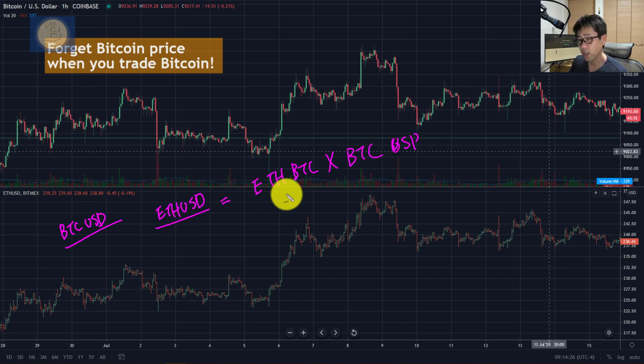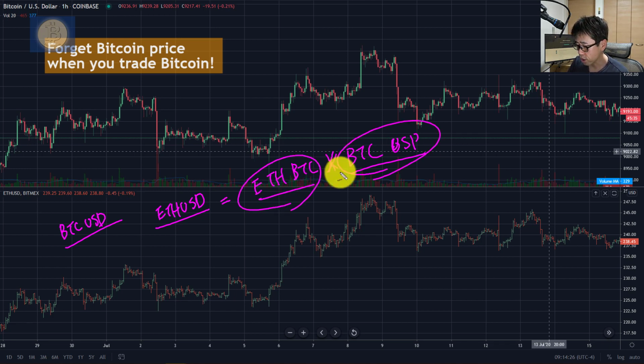So when you're trading EtherUSD, you're actually trading Bitcoin USD multiplied by Ether BTC. So usually, EtherUSD is a version of Bitcoin USD with a little bit more added volatility.